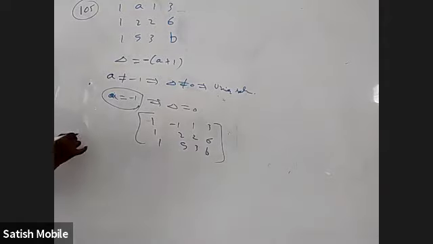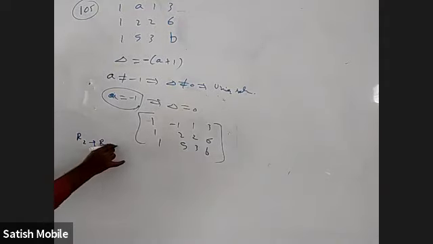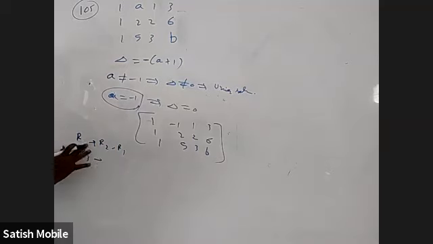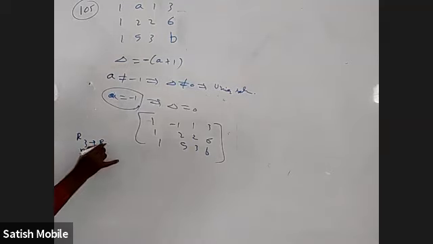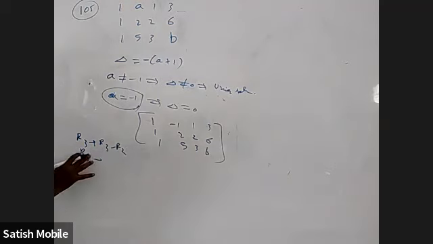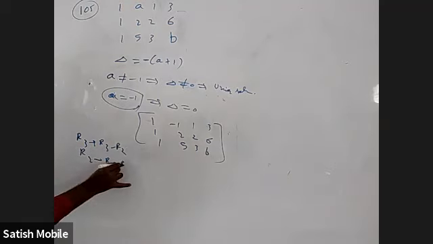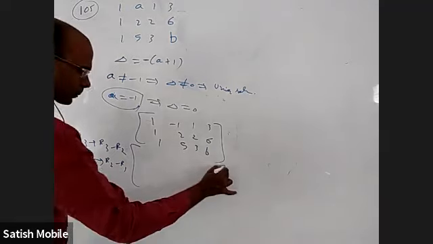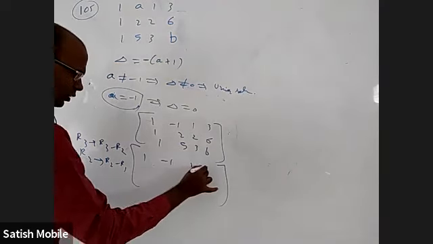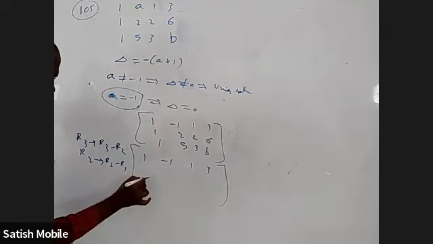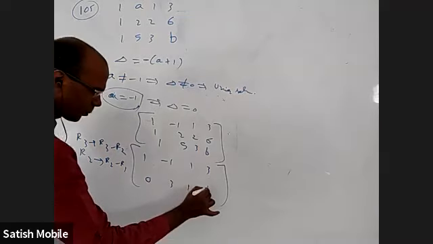Okay. So R2 as R2 minus R1. I can do first, anything is okay. Let me do R3 as R3 minus R2 and then R2 as R2 minus R1. Anything is fine. 1 minus 1, 1, 3. From the third row, I am removing the second row. So 0, 3, 1, B minus 6.